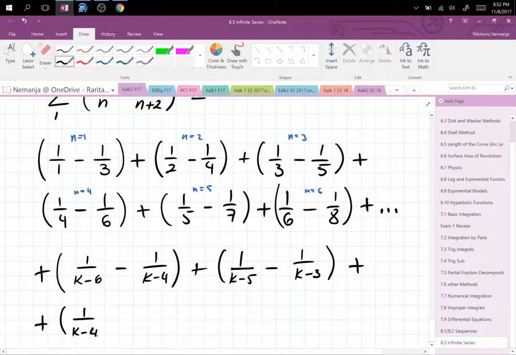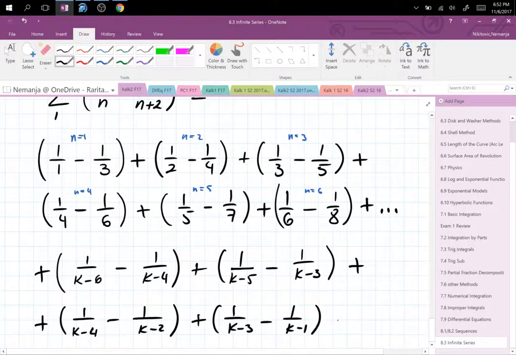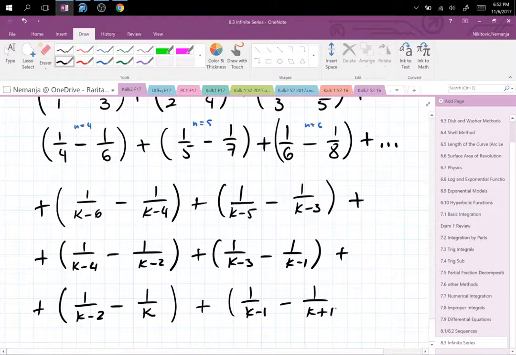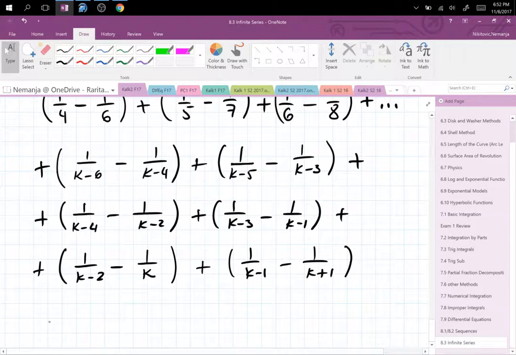Then 1 over k minus 4 minus 1 over k minus 2, plus 1 over k minus 3 minus 1 over k minus 1, plus 1 over k minus 2 minus 1 over k, plus 1 over k minus 1 minus 1 over k plus 1, and the last term, plus 1 over k minus 1 over k plus 2.